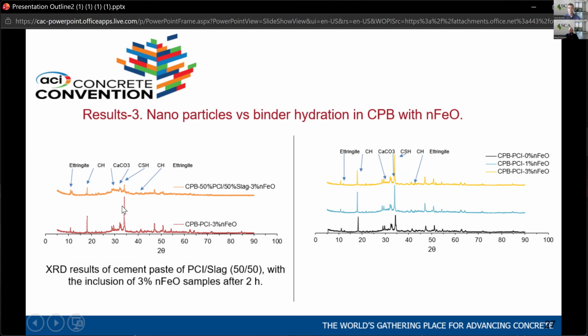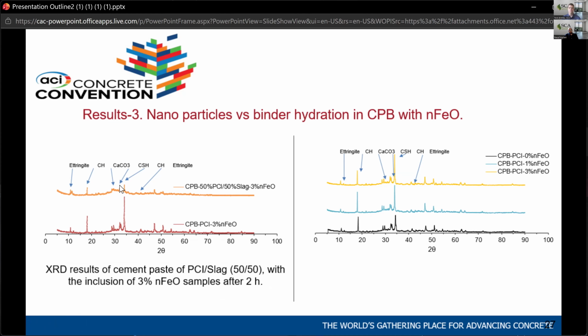This red one is with 3% nanoparticles, and you see there are higher peaks, meaning more materials produced as a result of hydration. With slag, the same percentage of nanoparticles but with 50% slag, the hydration is less, dampened. So the slag balances out or decreases the hydration, but the nanoparticles increase the hydration.